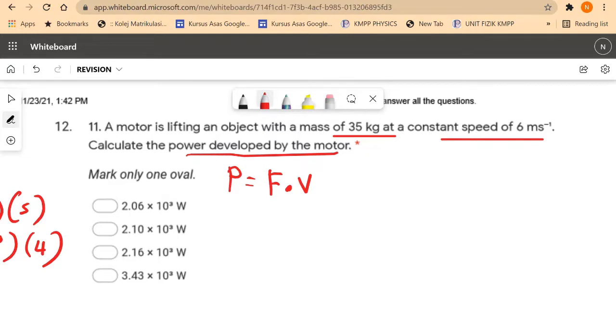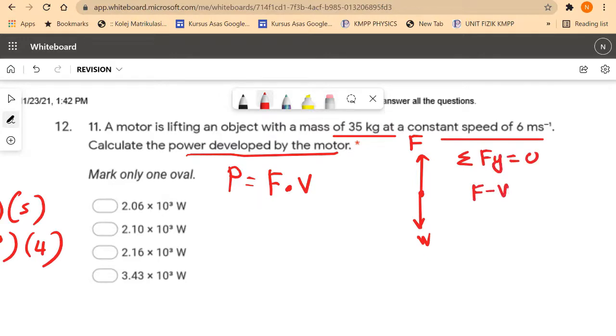But then you have to identify the value of F. So the value of F is from this concept. This is the object. Forces acting on the object are the W, and then the lifting force. Because the motor is moving with constant speed, the concept is net force Y equals 0.